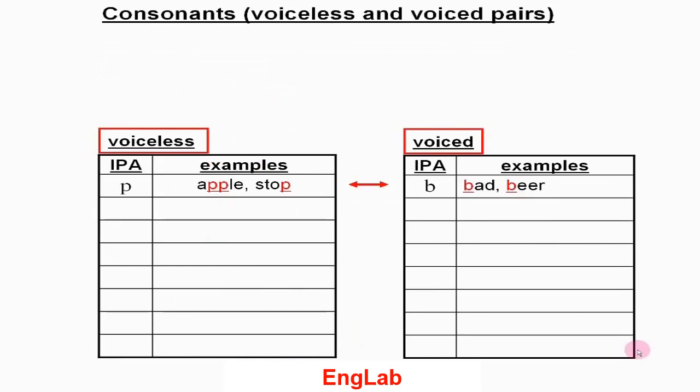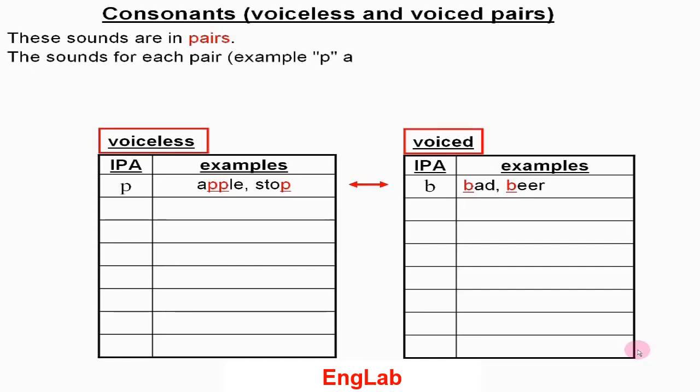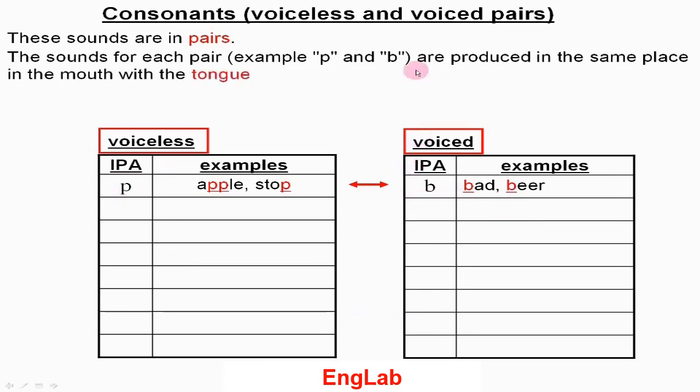So let's talk about consonants, voiceless and voiced pairs. These sounds are in pairs actually, and the sounds for each pair, for example P and B, are produced in the same place in the mouth, with the tongue in the same position, okay? So the tongue always remains in the same position. For example, the position of the tongue for the letter P and B is the same, okay?